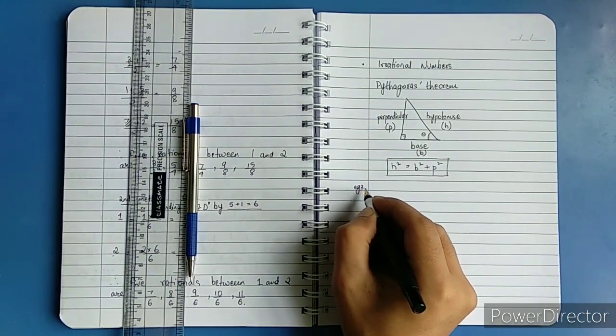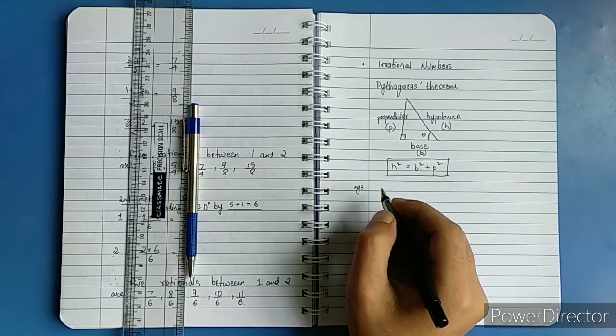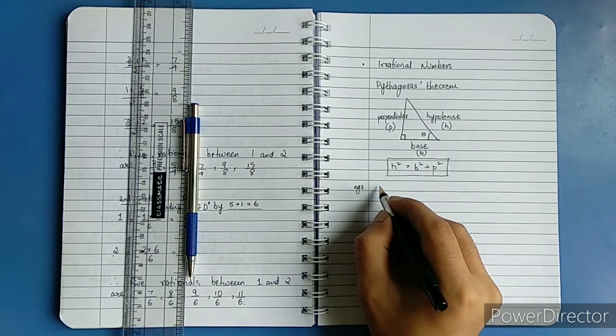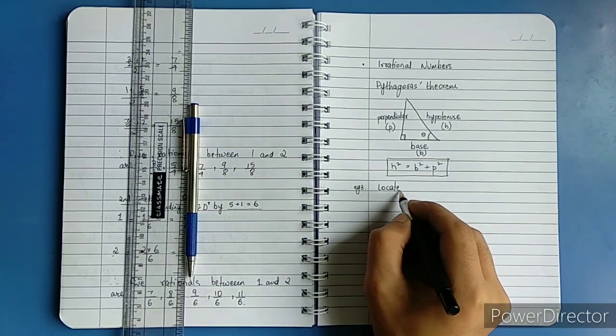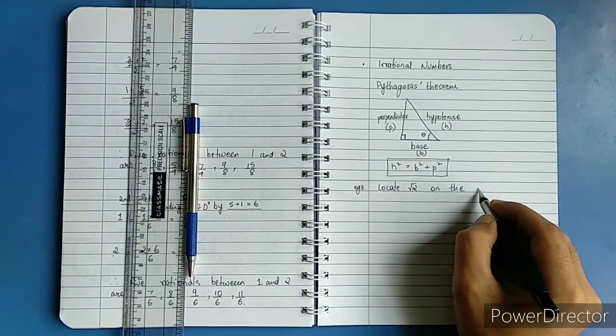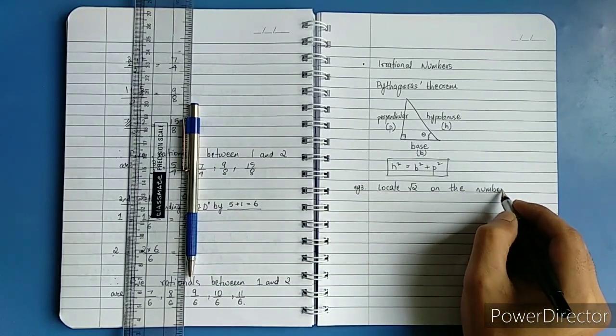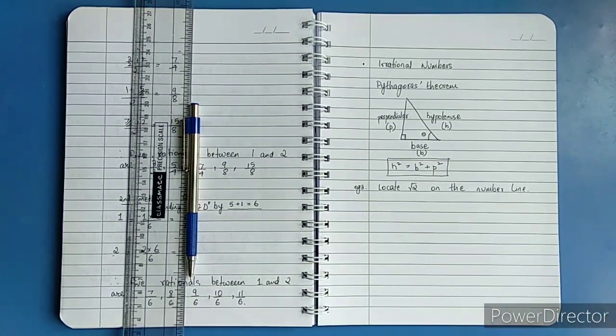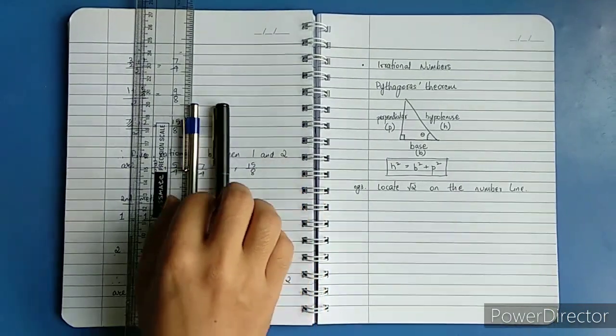So the question: locate root 2 on the number line. For this, first we will construct the number line.